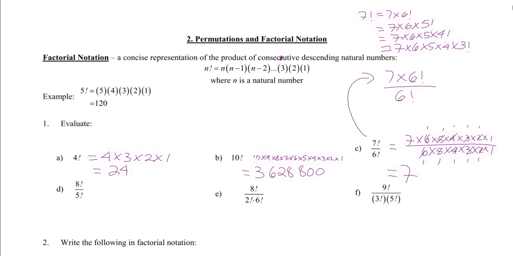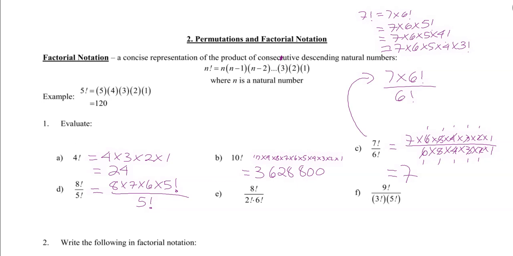In D, I'm going to expand 8 factorial. So I write 8 times 7 times 6 times 5, and I'm tired, I'm going to stop. Now, why did I stop there? Because that's the expression we have in the denominator. It's 5 factorial.